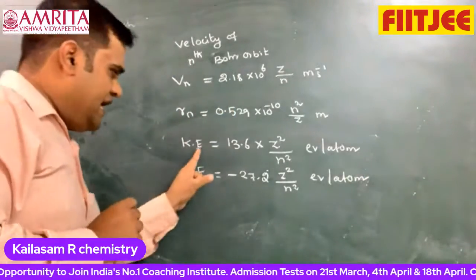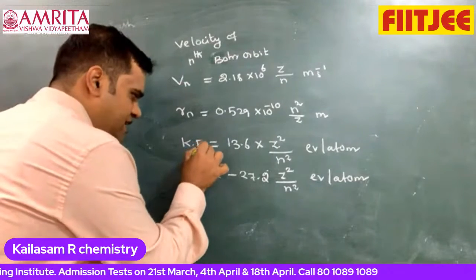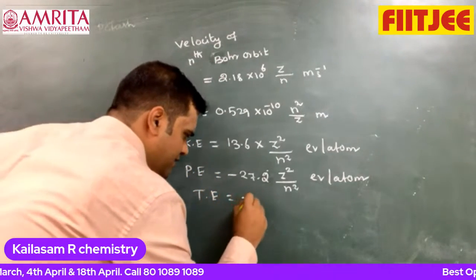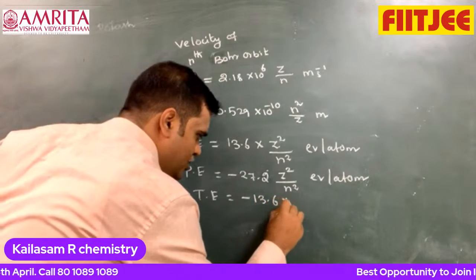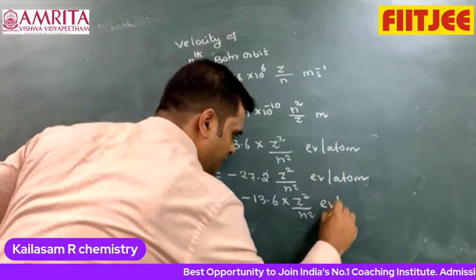Then the addition of these two, kinetic energy plus potential energy, gives the total energy, which is equal to minus 13.6 into Z squared by n squared in terms of electron volt.